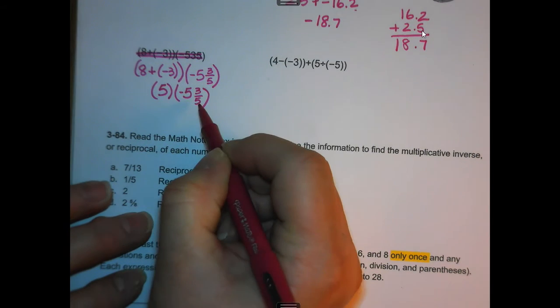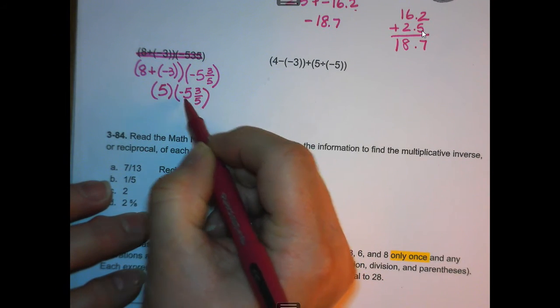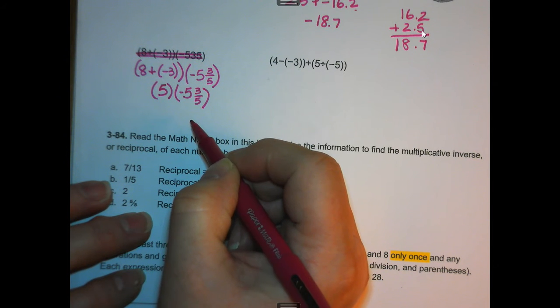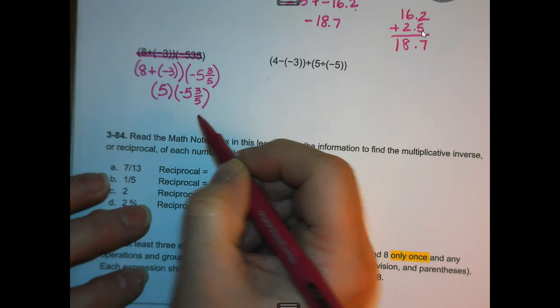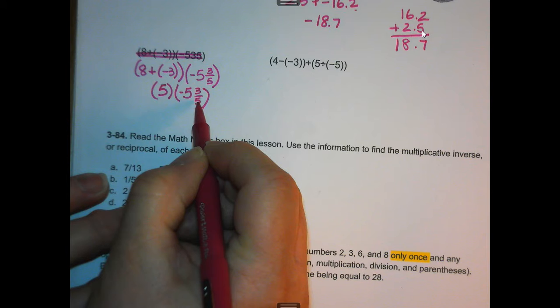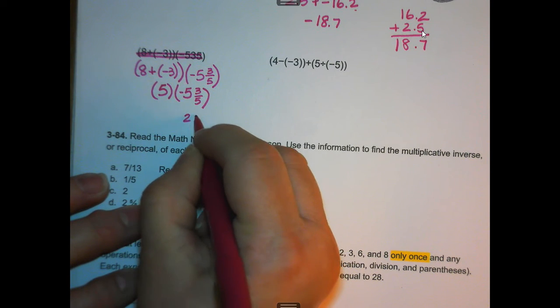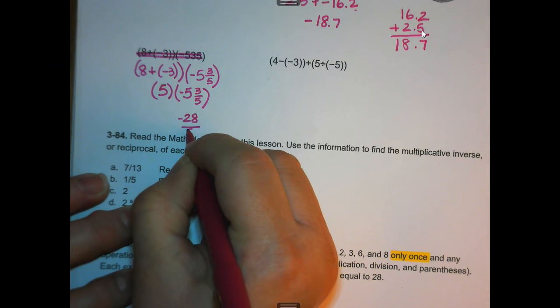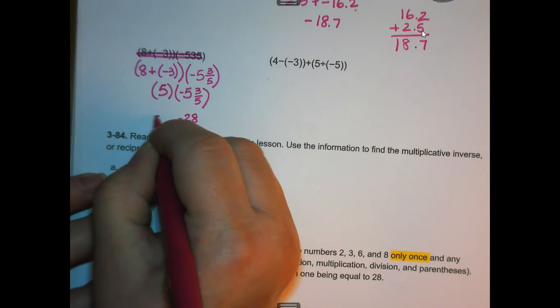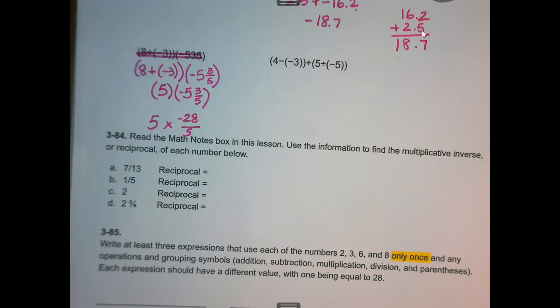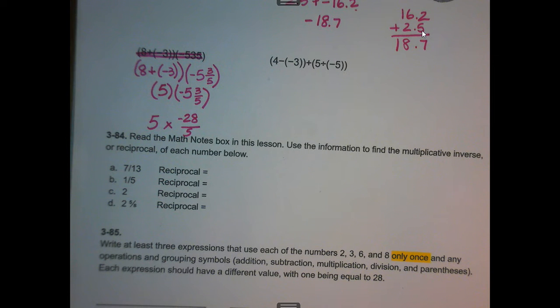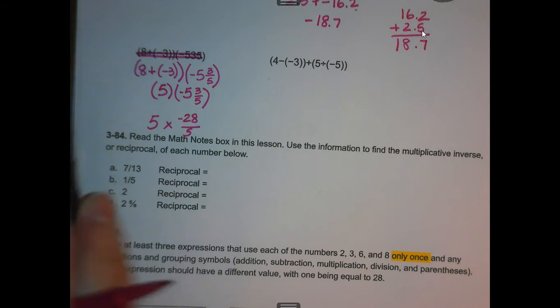I'm always wanting to change this mixed number into a top-heavy fraction whenever I can. So that would be 5 times -5 is 25, plus 3 gives me 28 over 5 times 5, because the two parentheses next to each other are a multiplication problem.